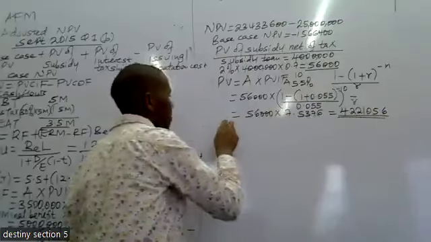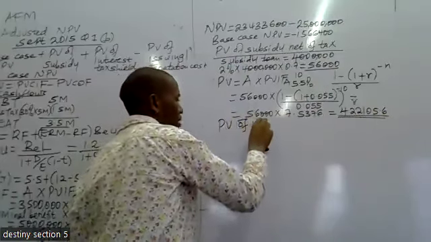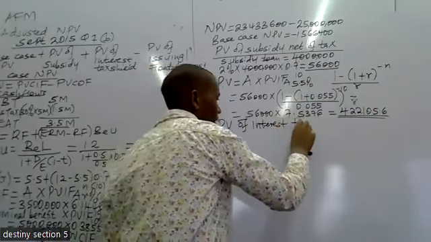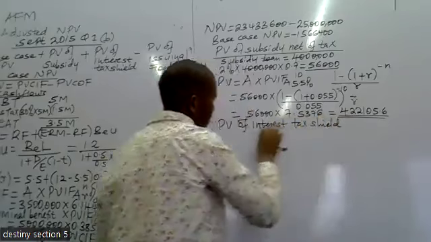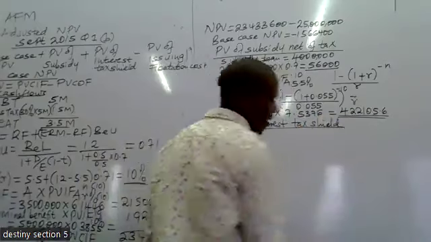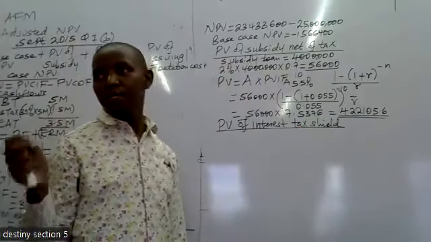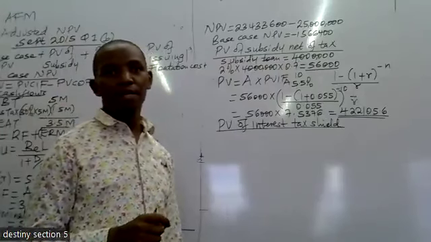We go to step number 3. Present value of interest tax shield. Now, remember for the interest tax shield, you first get the interest, you multiply by the taxation. Are we together?